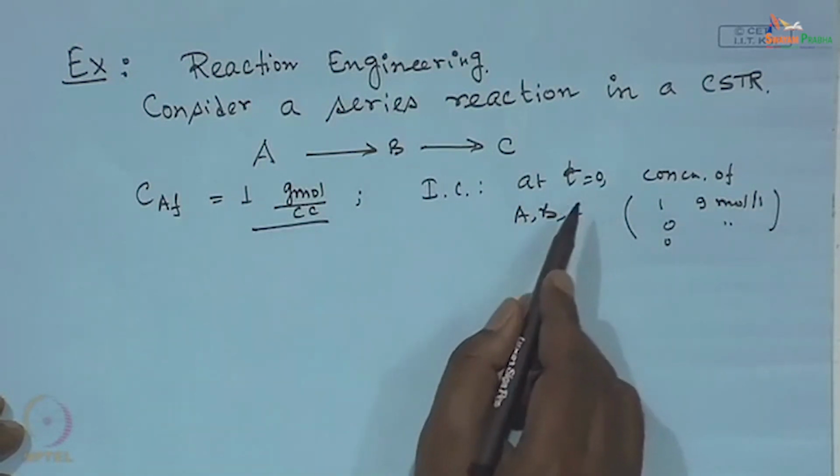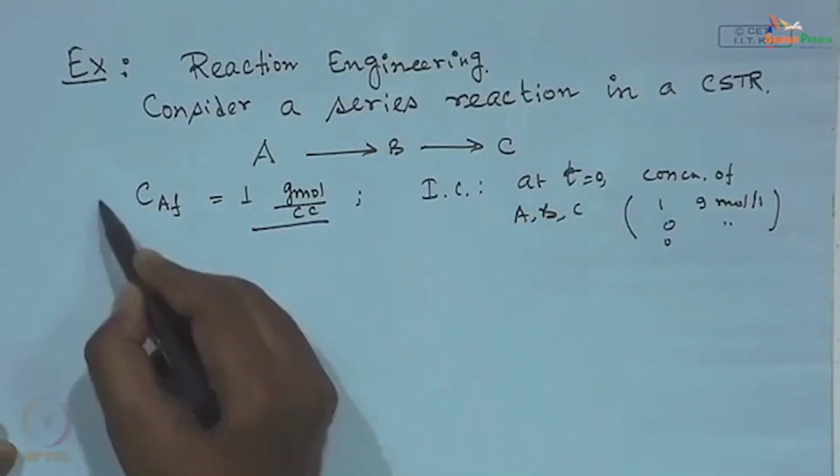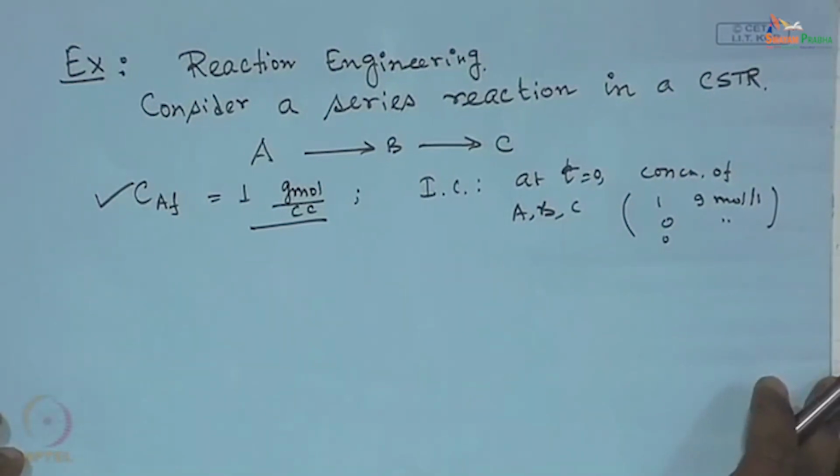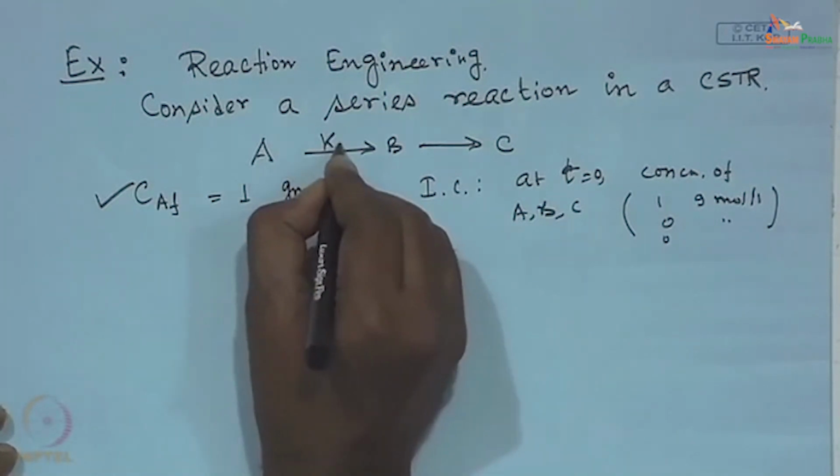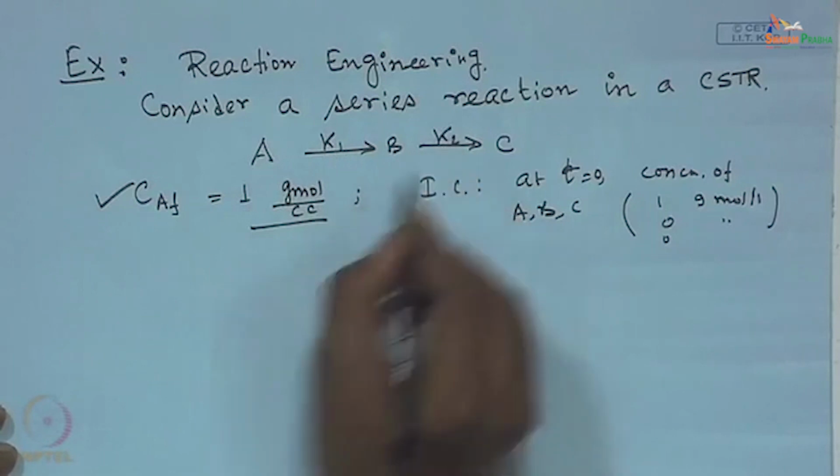So, at time t is equal to 0, there was nothing in the system except CA feed, that was 1 gram mole per cc, and the K1 and K2 values are given.